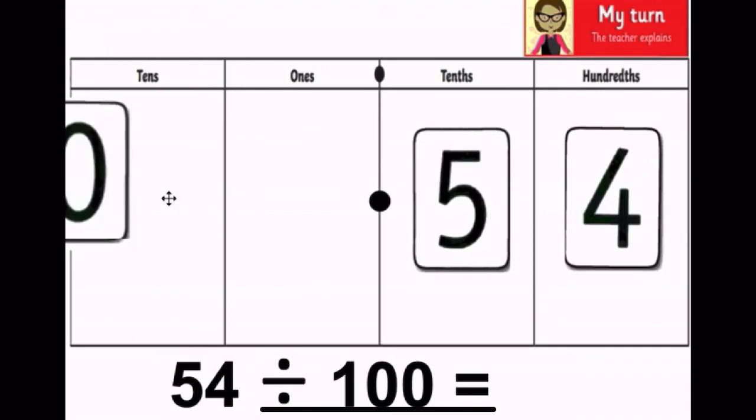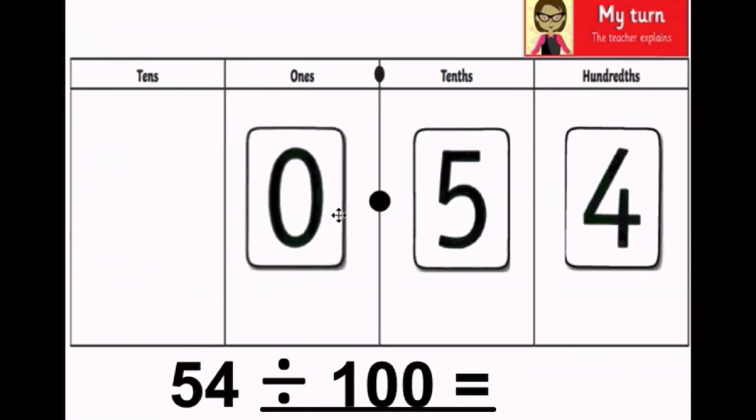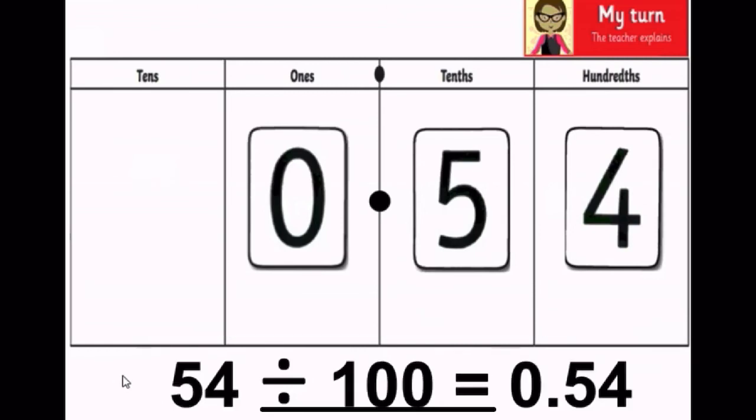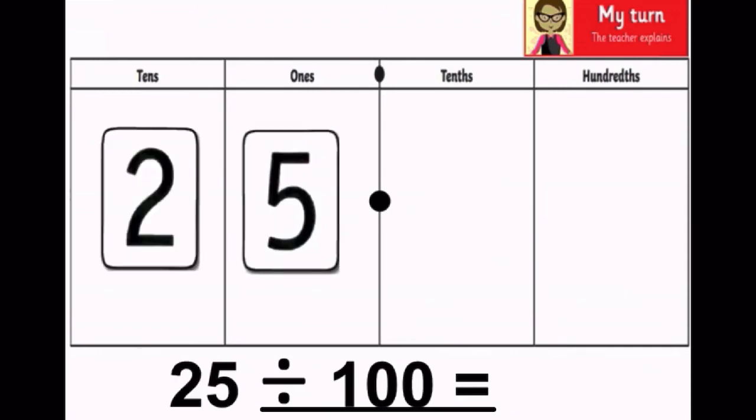We know that we need to put a 0 here to show we don't have any ones. So now I've managed to make my answer, which is 0.54. We could say 54 hundredths. So our answer to 54 divided by 100 is 0.54.